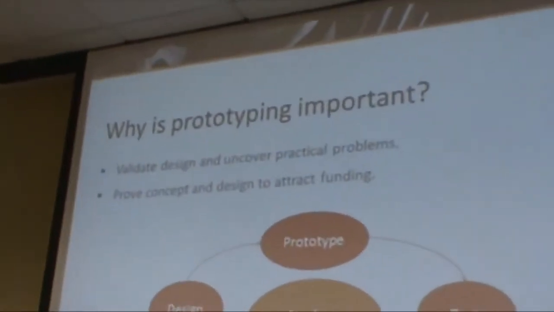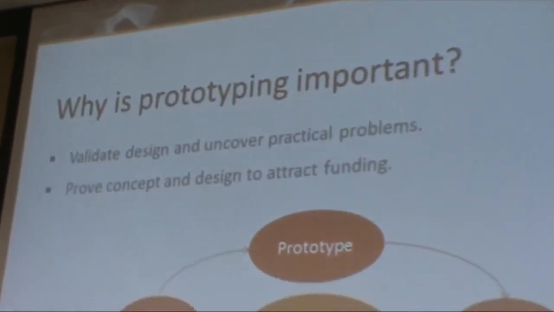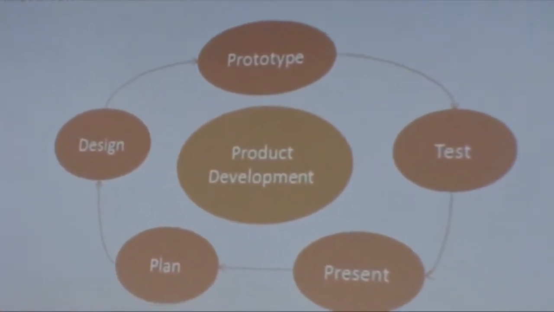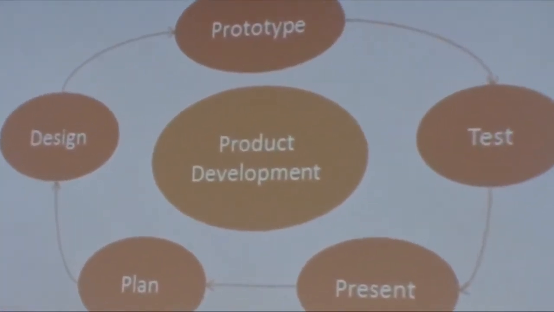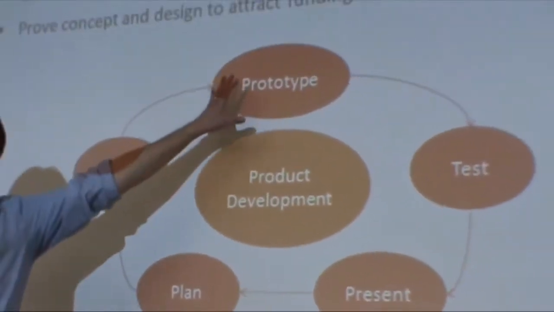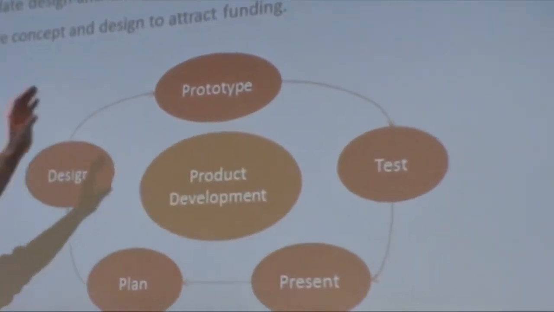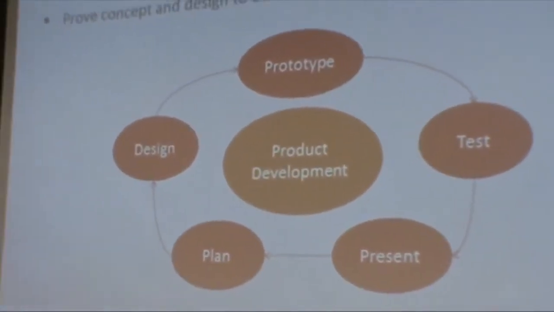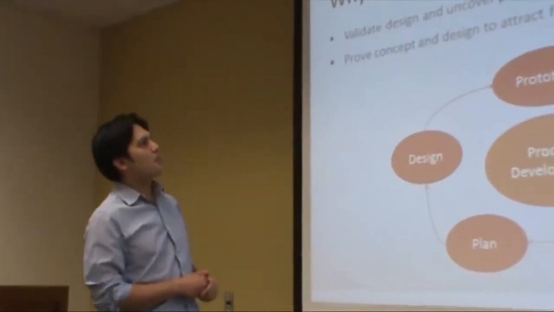So before we start talking about RP, or rapid prototyping, let's go back a little bit and learn about why it's important to have a prototype. Why we need a prototype. Most of the time, a prototype is involved in product development. It's kind of the main step in product development that you have to have. You can start from planning, designing, developing a prototype, and then make a test and present, get some iteration, until you get the final product outcome.